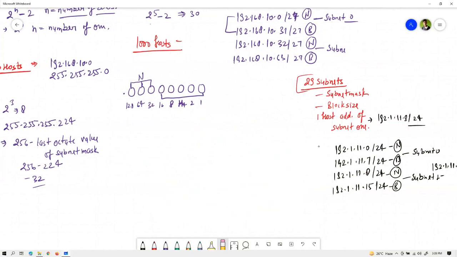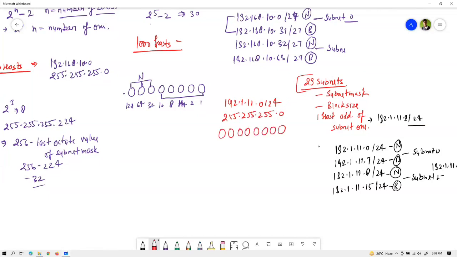Let's say this was the address 192.1.11.0/24, and I said 29 subnets are required. Then you know its subnet mask will be 255.255.255.0 according to its CIDR value, right? Then you have only this last octet, and you can make changes in this last octet. So you open it here: 1, 2, 3, 4, 5, 6, 7, 8.